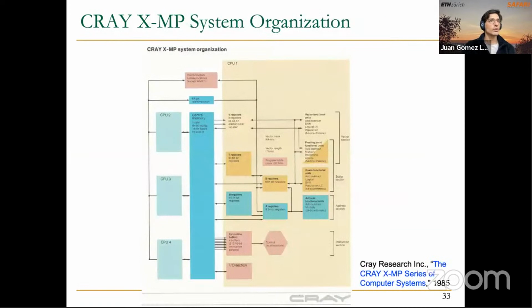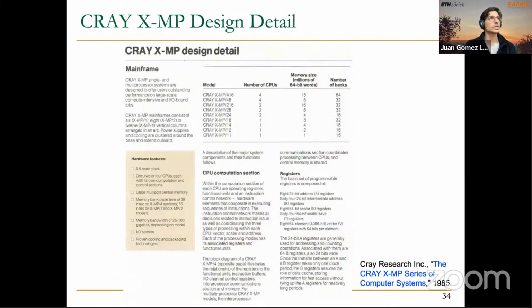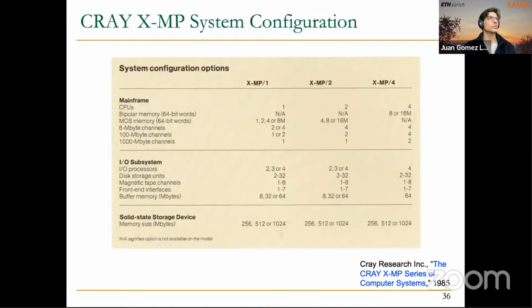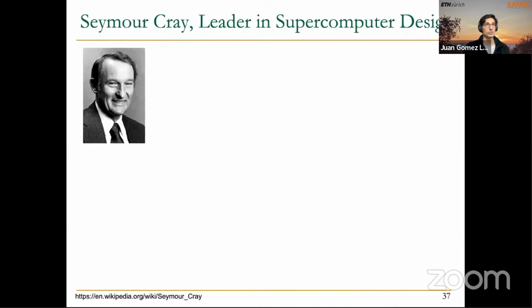And you see here a few more figures: some internal system organization, some design details, details about the functional units in terms of register usage, the clock periods to complete an instruction, and so on, and a few more system configuration options.